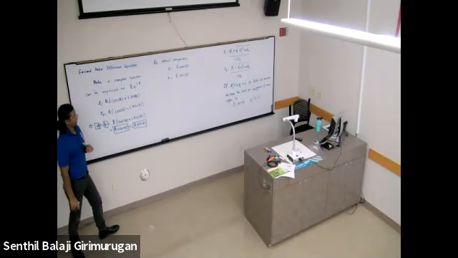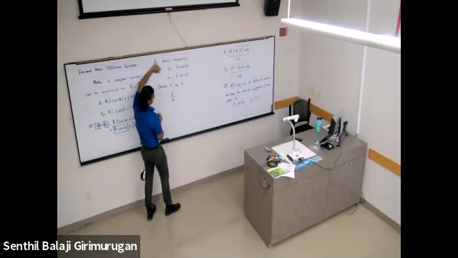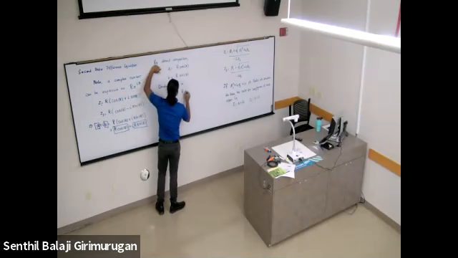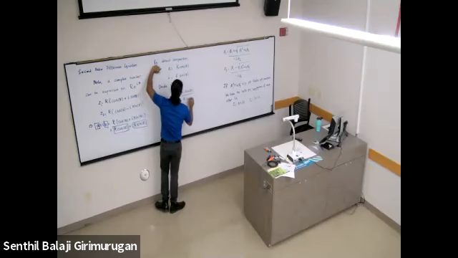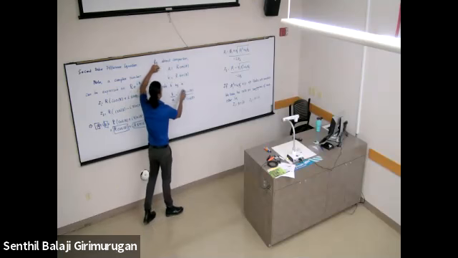Are you with me so far? Going to divide b by a. So b over a would be equal to r sine theta divided by r cosine theta. What would happen to the r's? They cancel.